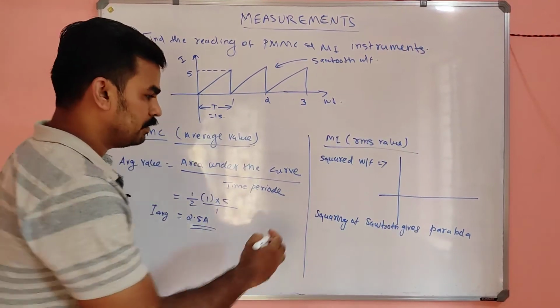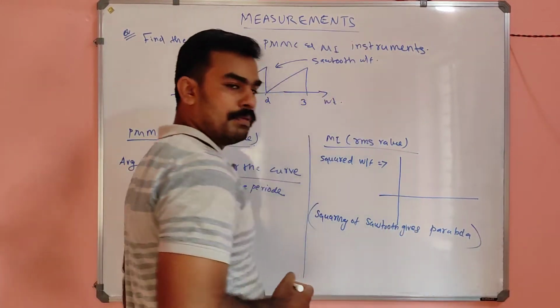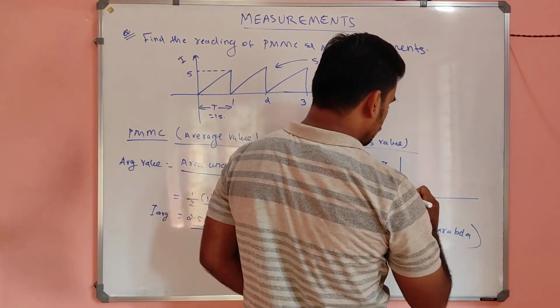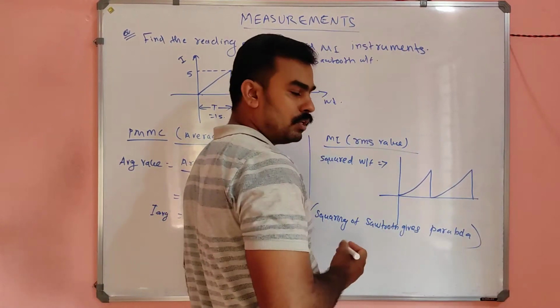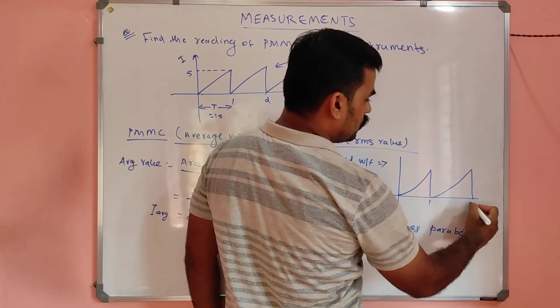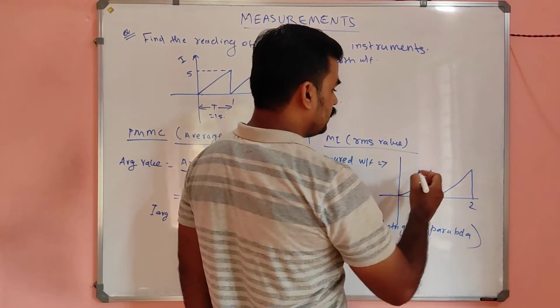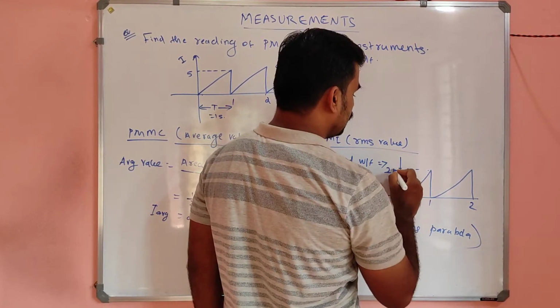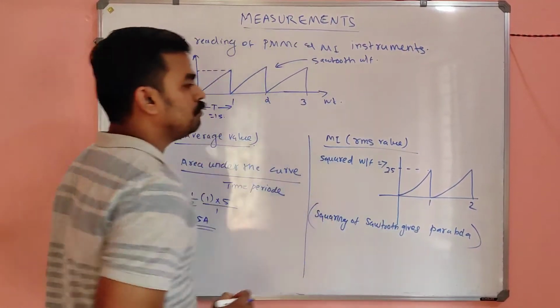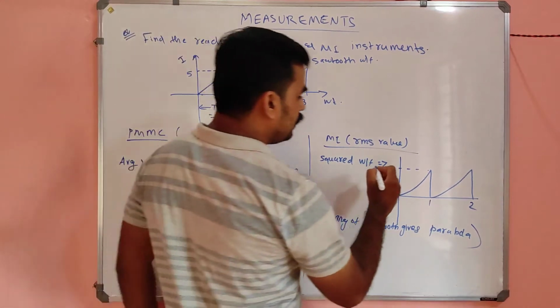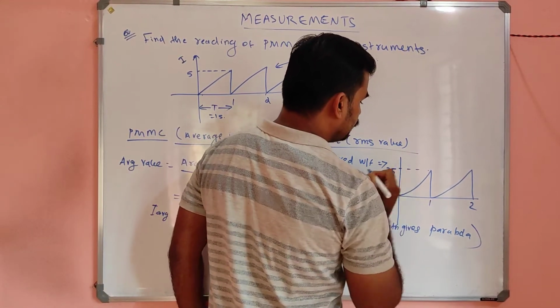This you have to remember, okay? So the waveform is likely to be like this. It is not sawtooth, but parabola. There is no change in time period, but the squaring will happen, so the peak value will become 25.